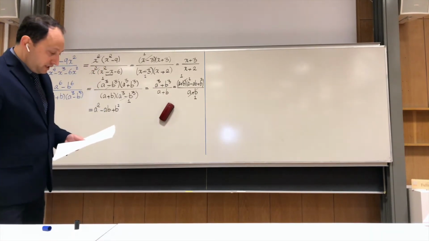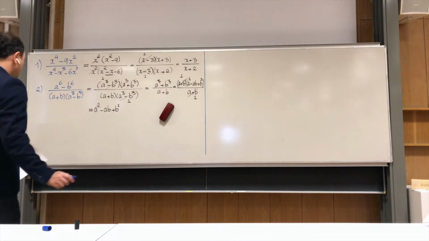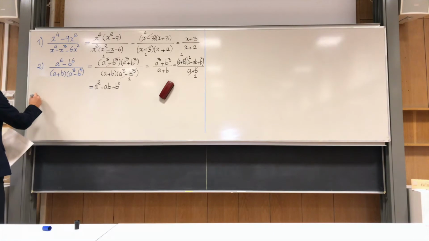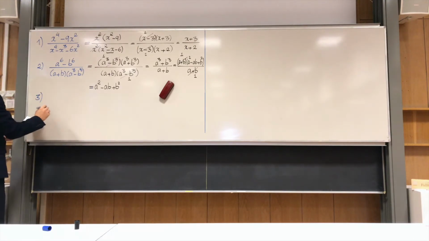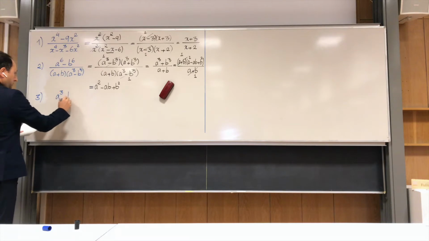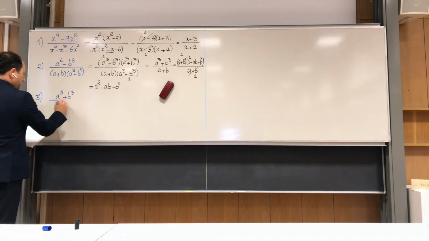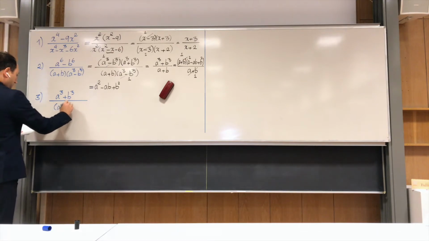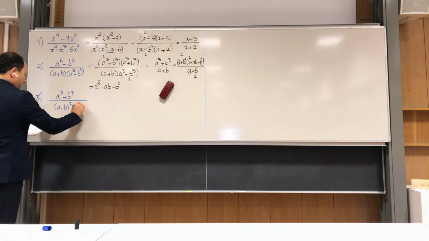Okay, good. So let me go to the next problem, number 3. I am supposed to simplify this expression, a to the 3 plus b to the 3, divided by a minus b to the 2 plus ab.